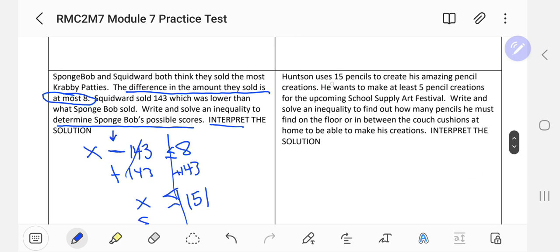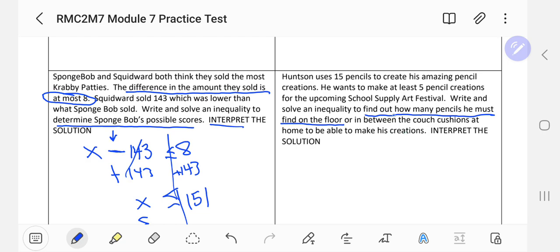All right, last one, thankfully. Hudson uses 15 pencils to create his amazing pencil creations. He wants to make at least 5 pencil creations for the upcoming school supply art festival. He needs to write and solve to find out how many pencils he must find on the floor or in between couch cushions to make his creations.